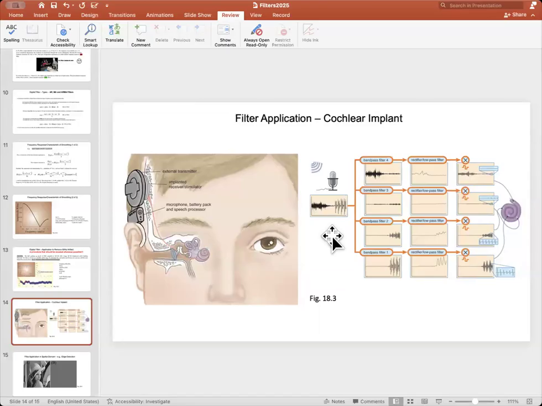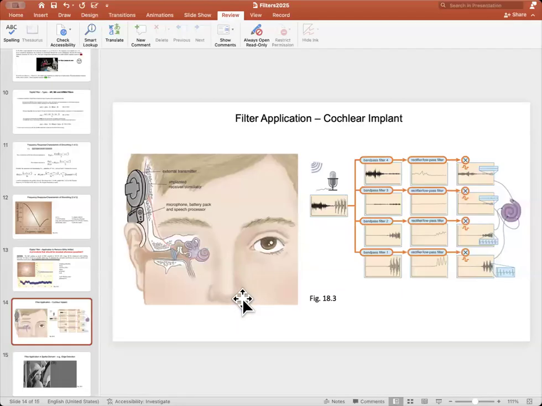So it completely mimics the biology of the system, which is probably the reason why it is so successful, because if you implant this into someone who is deaf, they can almost immediately hear. The system is so used to this type of stimulation that it goes from being deaf to being able to hear.